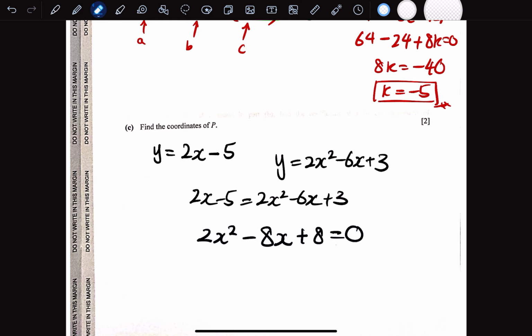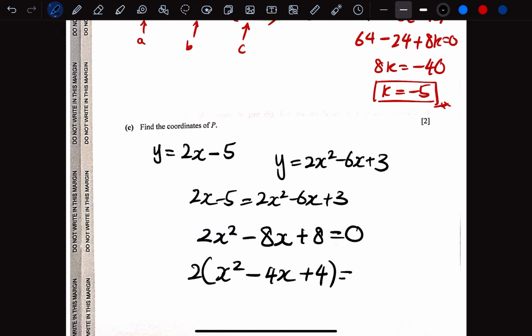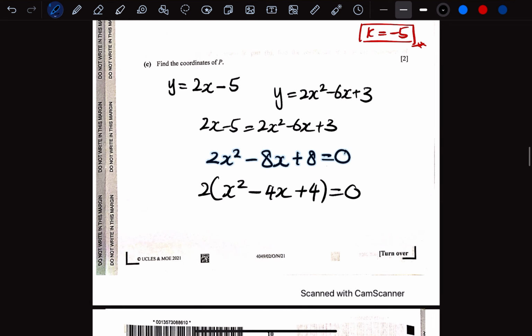Yeah, this is correct, sorry. And then afterwards, we factorize out the 2, we get it to look like this, equals 0. And then afterwards, we can just solve for x. This will just give us 2 times x minus 2 squared equals 0. And we solve for x value. Our x value is just equal to 2.